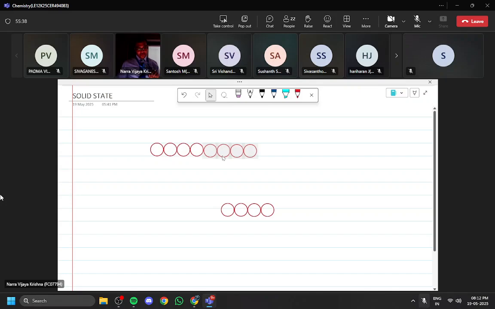How many coins? 10? 19? Oh, including red. Remove red. 9 white, 9 black. Totally 18 coins. So what I have done? 1, 2, 3, 4. Wait. Okay, one more coin I have to arrange. Okay.